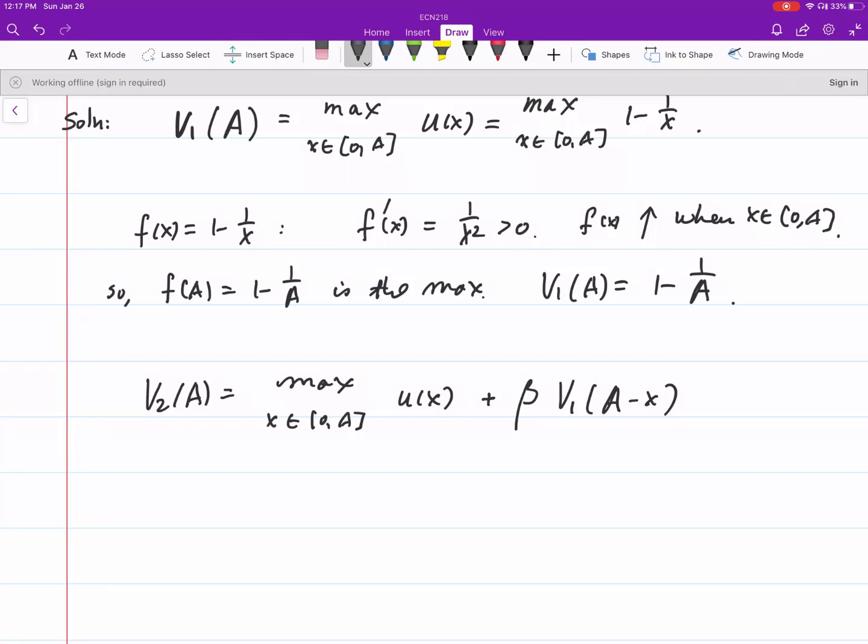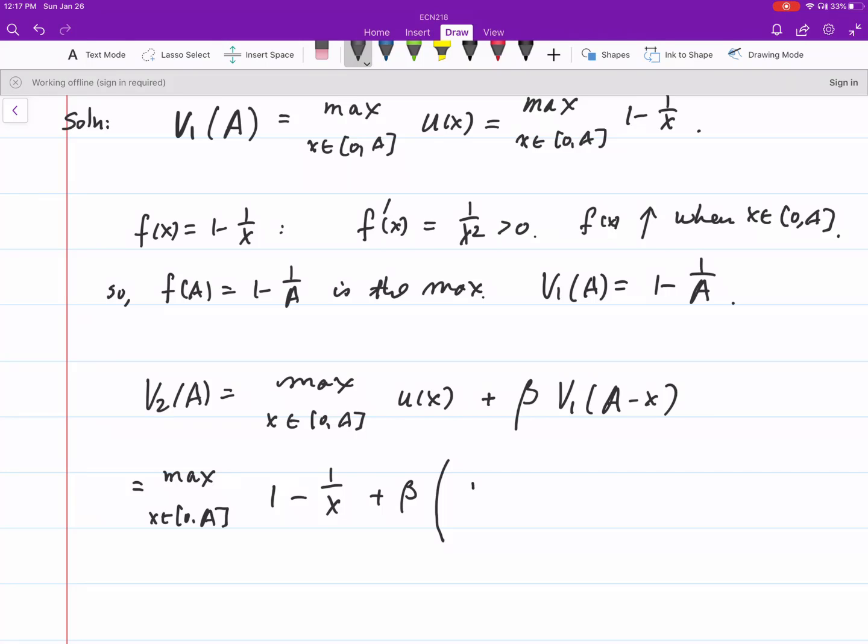And then we plug in the formula. This is going to be the maximum, x between 0 and capital A, of the utility function 1 minus 1 over x, plus beta times V1. Here we need to be very careful because we have the formula for V1 of A, but we are plugging in capital A minus x.